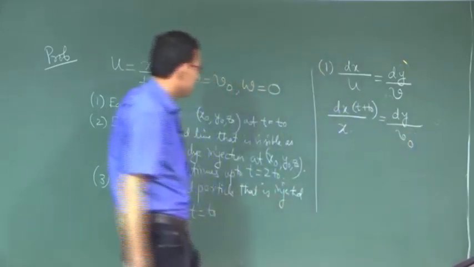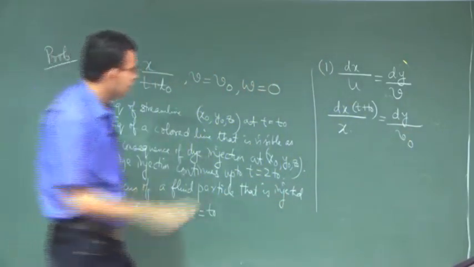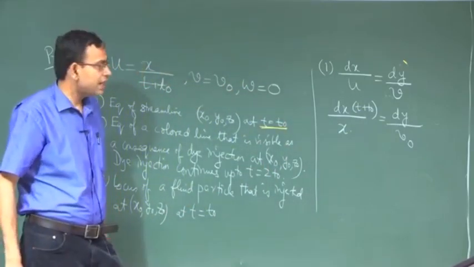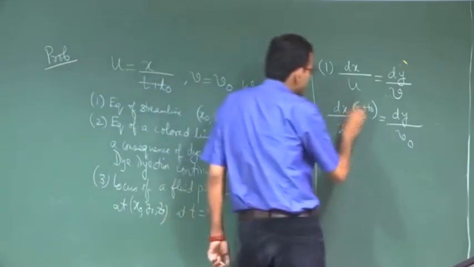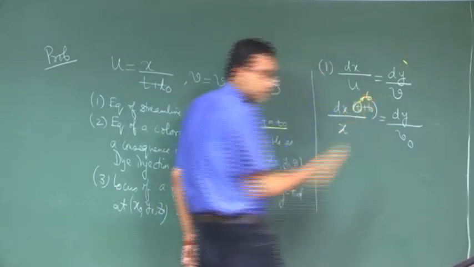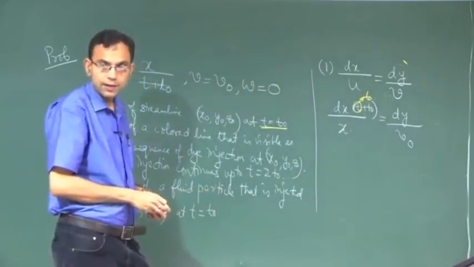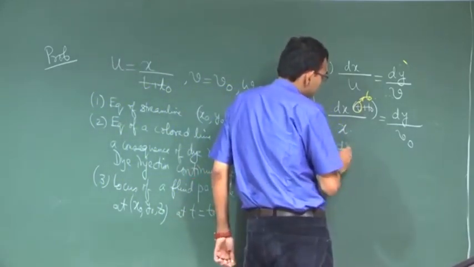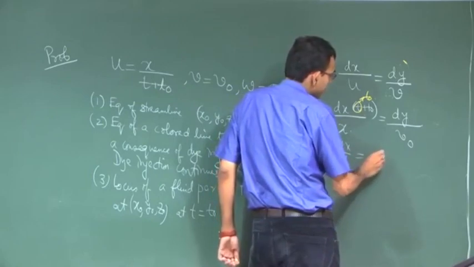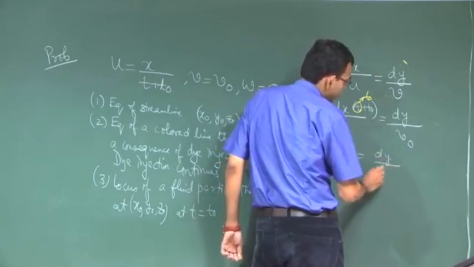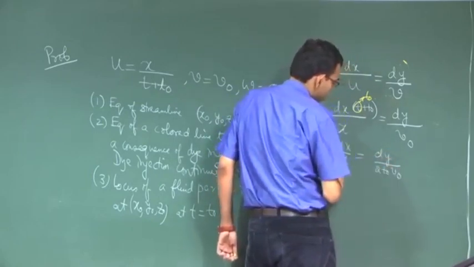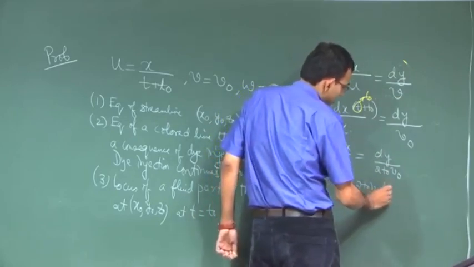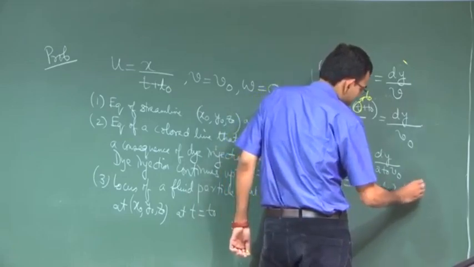Now, the most important thing is that the streamline equation has to be obtained at t equal to t0. So this t has to be substituted by t0. Then the remaining is very trivial algebra: dx by x is equal to dy by 2 t0 v0. So y is equal to 2 t0 v0 ln x plus some constant.